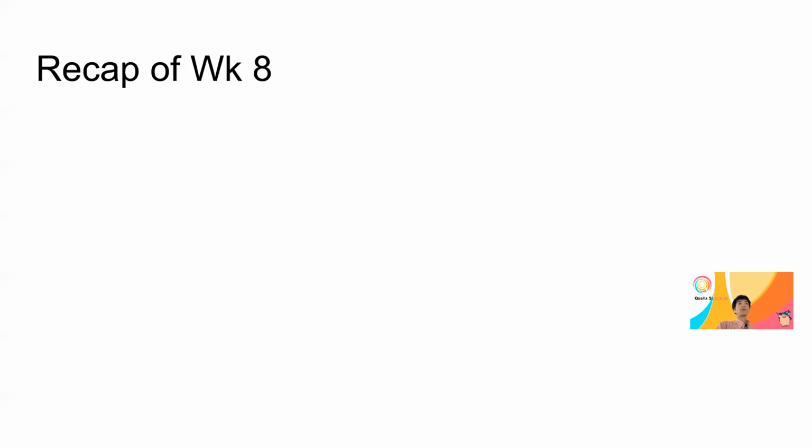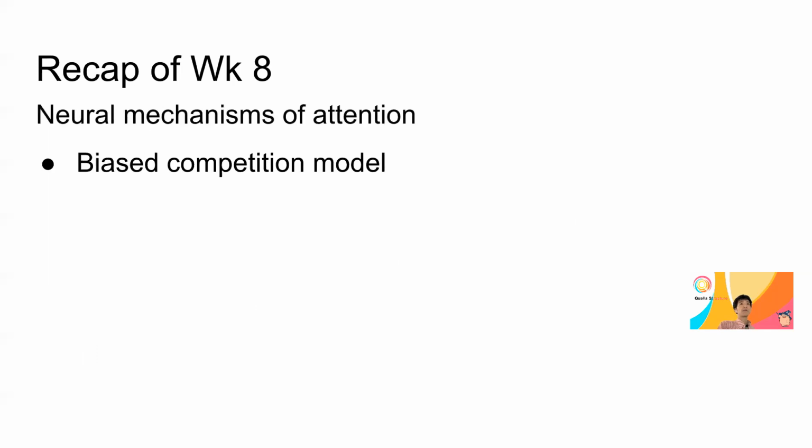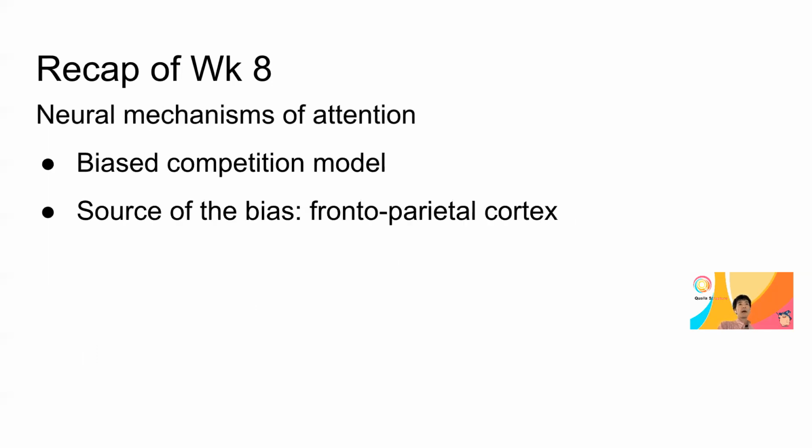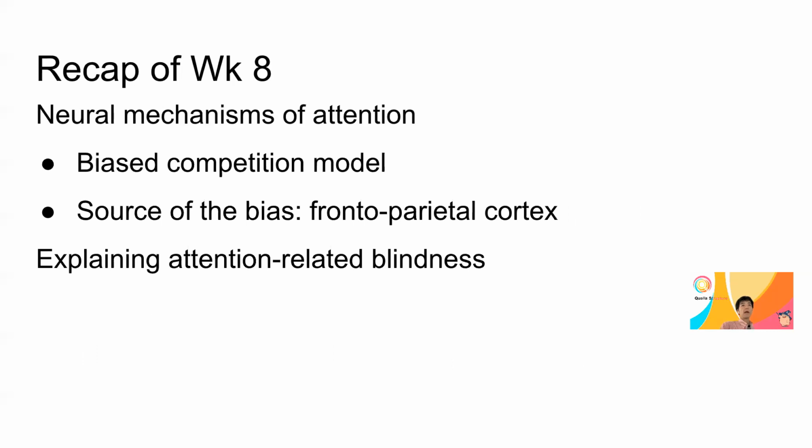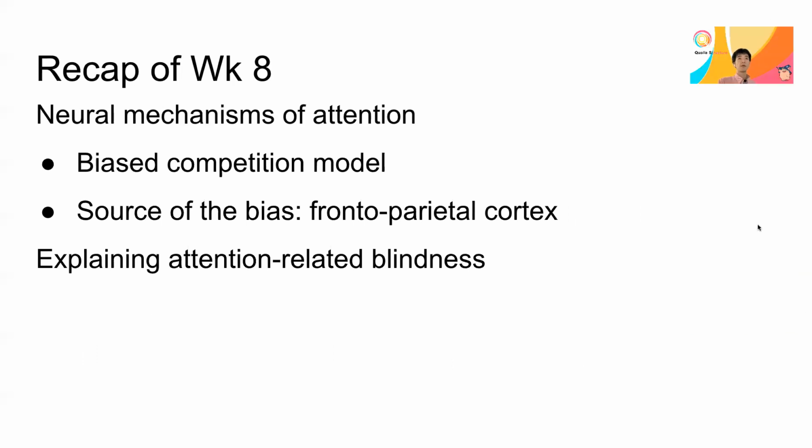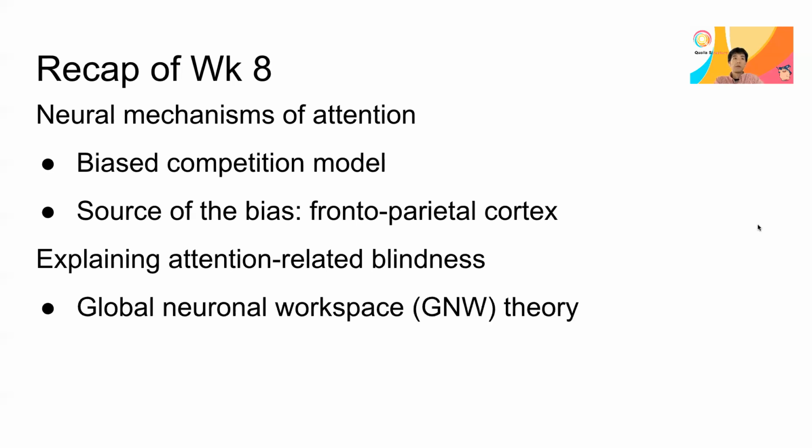And then in terms of the neural mechanism of attention, I introduced the biased competition model, where the bias is coming from the fronto-parietal cortex. This idea is expanded on in global workspace theory, GNWT or GNW, which explains attention-related blindness.